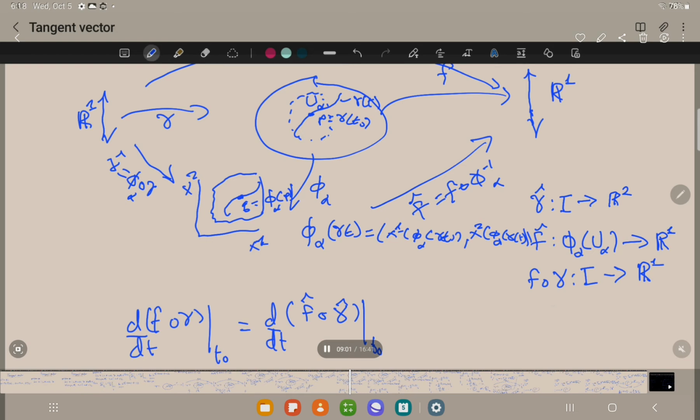So at this point here, you could just do the chain rule to get to the answer. But first, let me just write down. Gamma hat is a mapping from I to R2, which is from here to here.